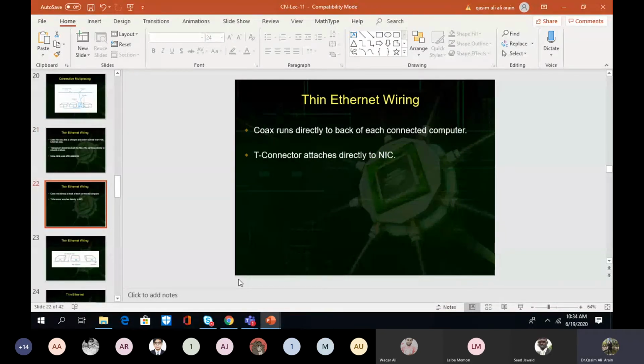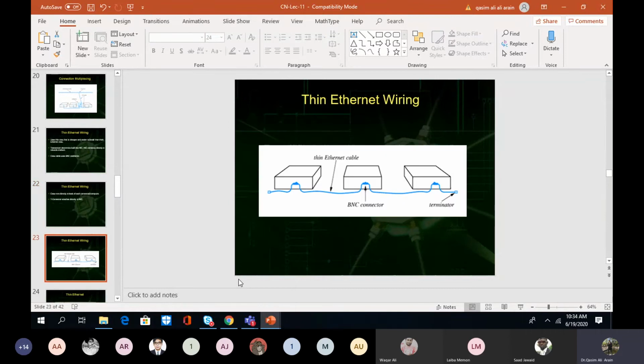So in thin Ethernet wiring, coaxial runs directly to the back of each connected computer. T connectors attach directly to the NIC. How? Now this is the structure of your thin Ethernet wiring. These are the interfaces. These are the computers. आप देख सकते हैं कि ये सारे के सारे आपके computers हैं. They have the network interface card. This is the terminator, like the same that we have discussed in the previous slides.